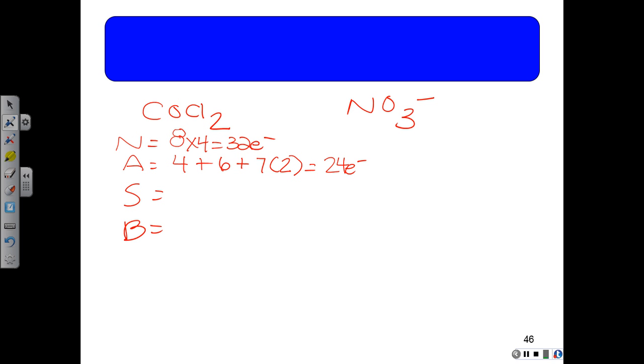All right, 32 minus 24 is 8, and that gives you 4 bonds. One of my tips was carbon is always in the middle, and it's the least electronegative. How convenient. So here we go. Let's do this, this, and that. There's our skeleton.